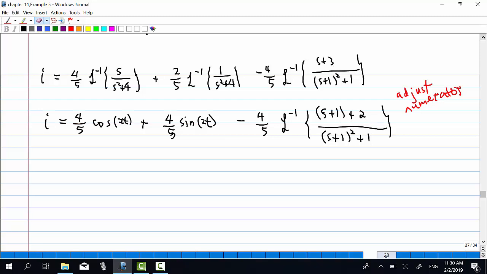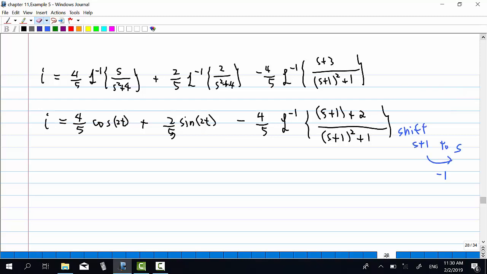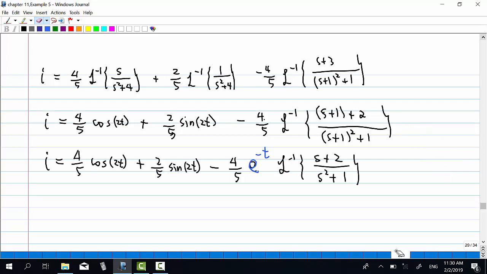You're shifting s plus 1 to s, so you have a multiplication by e power minus t. This becomes e power minus t times s plus 2 over s squared plus 1.